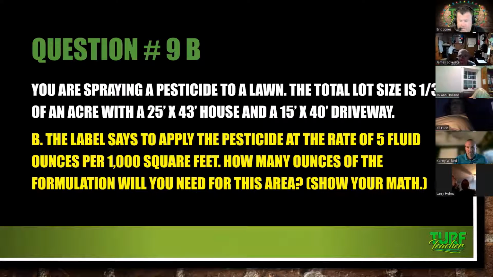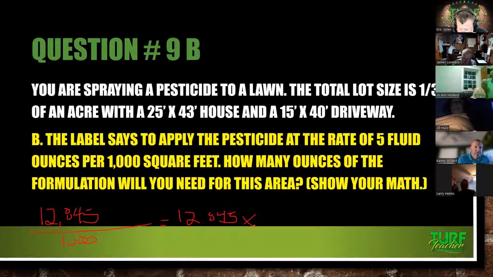So part B, the label says to apply the pesticide at the rate of 5 fluid ounces per thousand. How many ounces of the formulation will you need for this area? Again, we're just asking for what our formulation is. So we have 12,845. Again, we're going to figure out how many 1,000 square foot blocks we have. We're going to have 12.845.